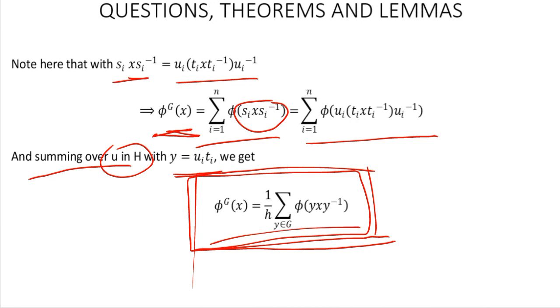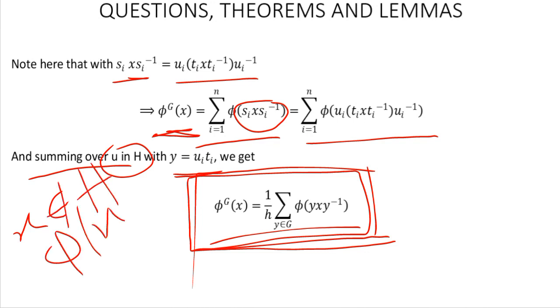Note, we're having H because whenever x is not in H, all the character goes to what? 0. So we don't count the terms. It's only those that head into 0. And we use the order of our group H, of our subgroup H. So if you note, the terms are terms in G. However, because terms that are not in H go to 0, we will just get |H| of them.